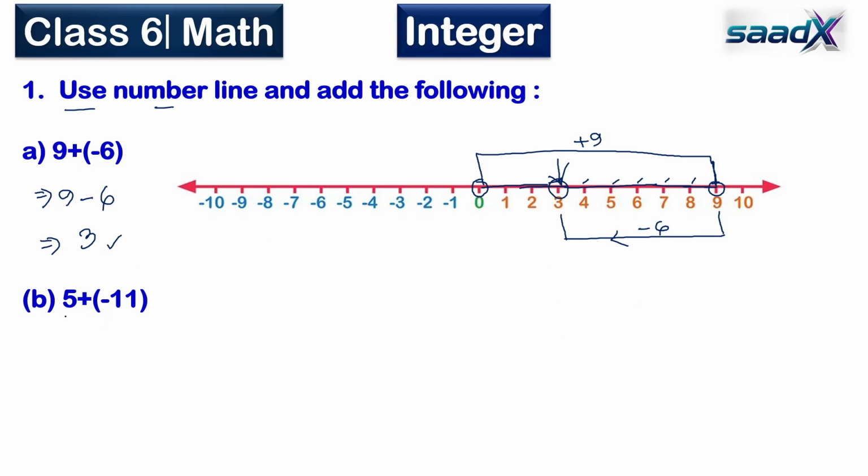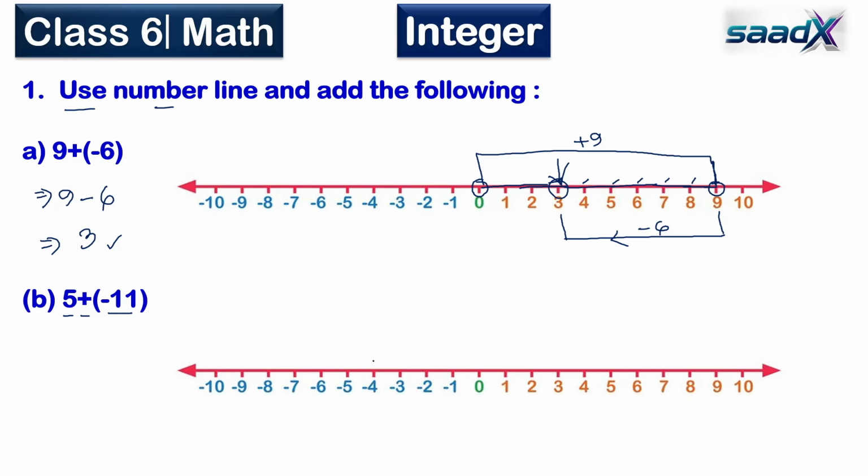Number B, 5 plus minus 11. So what will happen? Look, first from 0 to point out 5. So from 0 to here is plus 5.